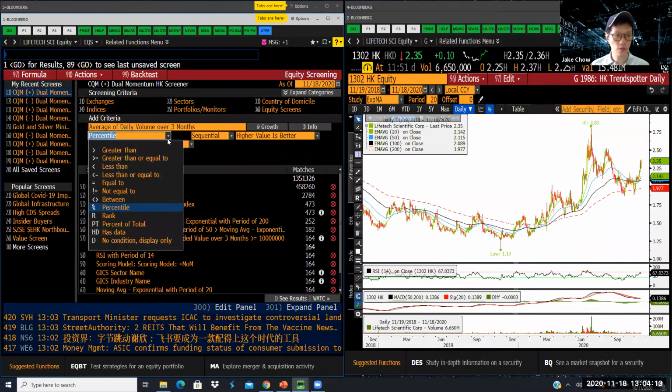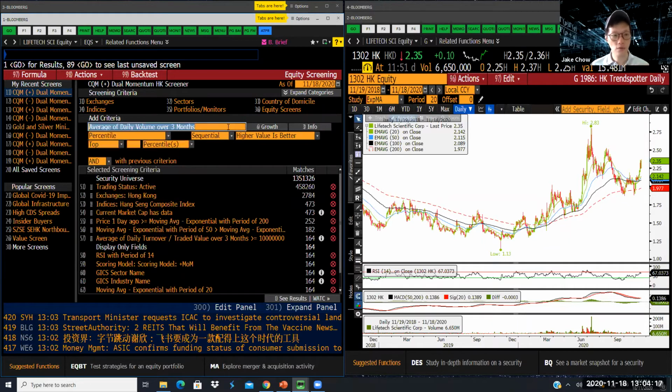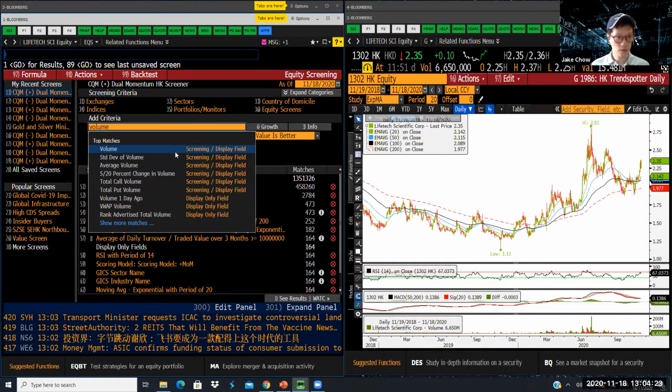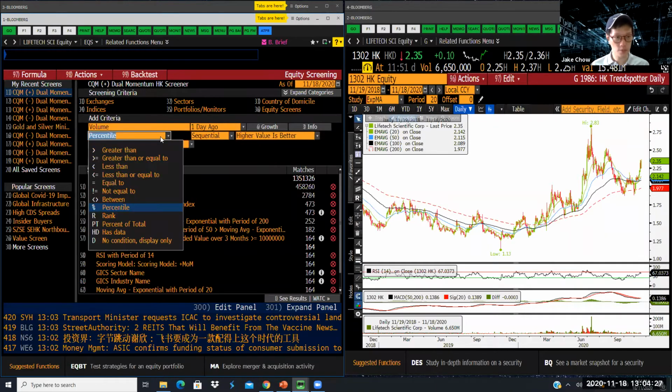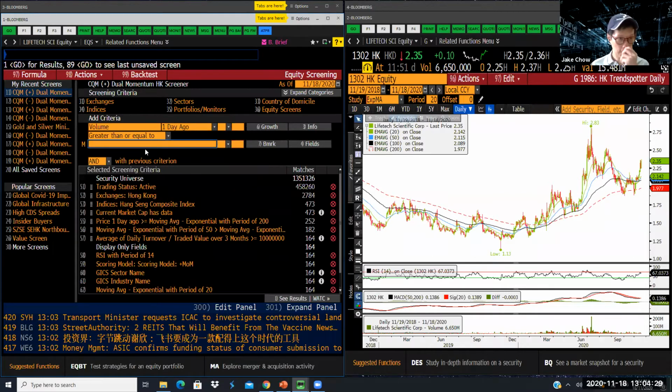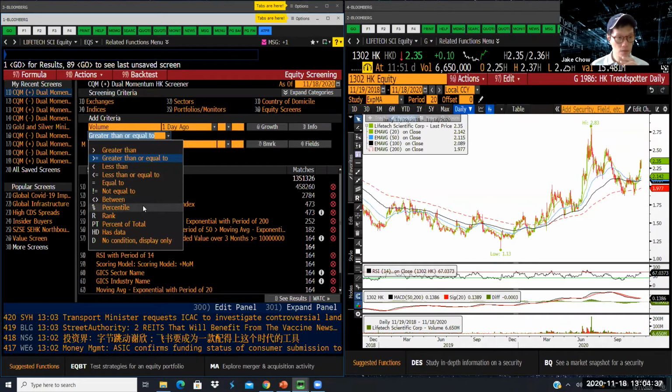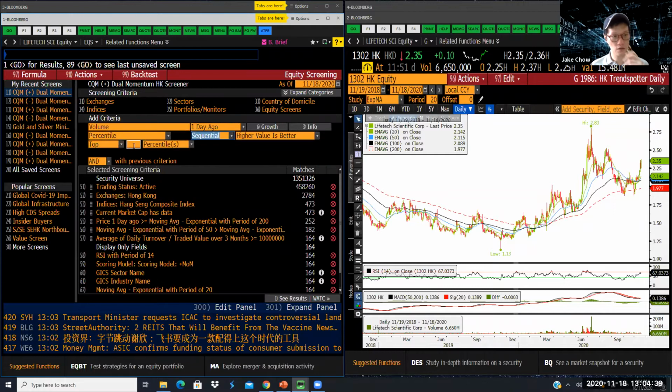For example, you can use a percentile over here. What you can do is bigger than, okay, volume. Let's just say 1 day ago, the volume must be bigger than, let's say percentile of.